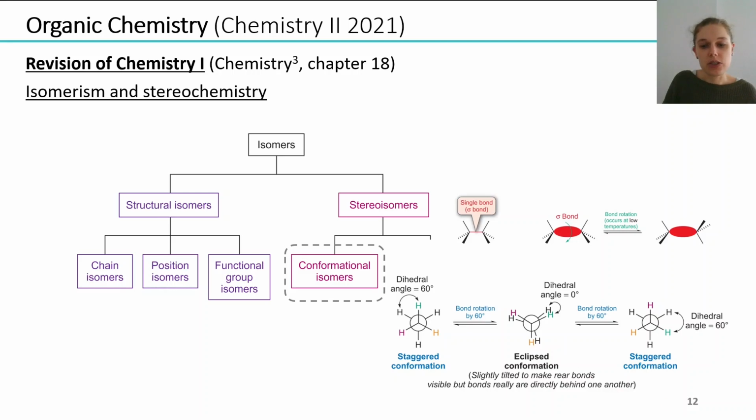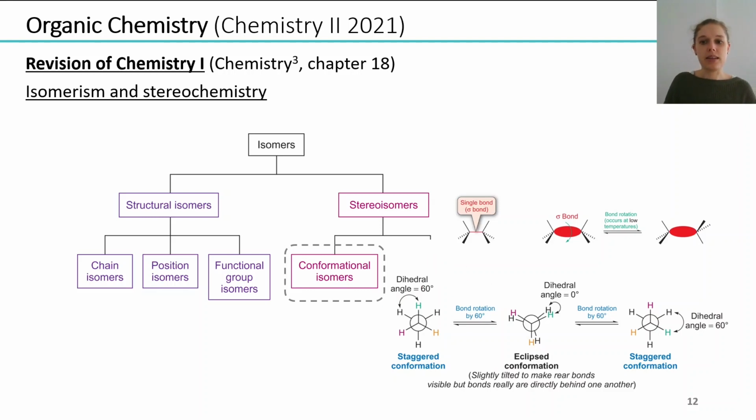And if you want to draw this Newman projection, you always start with the carbon atom which is closest to you as a point. And then you draw the carbon atom which is as far as possible apart from you as a circle. And then you have a so-called dihedral angle, which is now in the staggered conformation at 60 degrees.